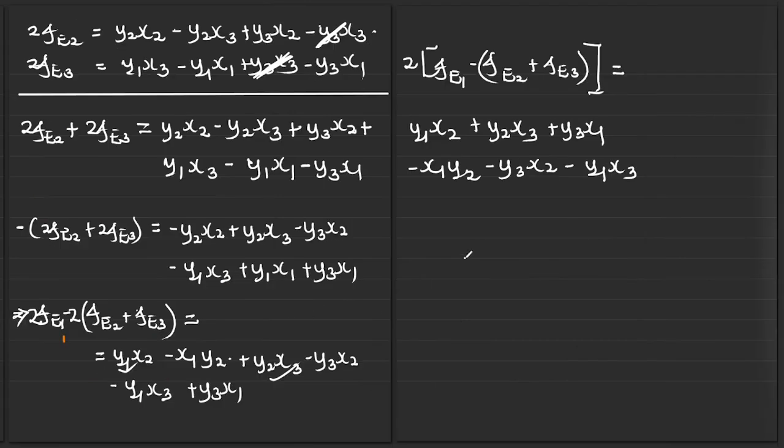So we can simply say, not forgetting this 2, so 2, then this bracket being the area of the triangle, is equal to. Now, if we want to preserve the order, we have y1 x2, then plus y2 x3, then plus y3 x1.